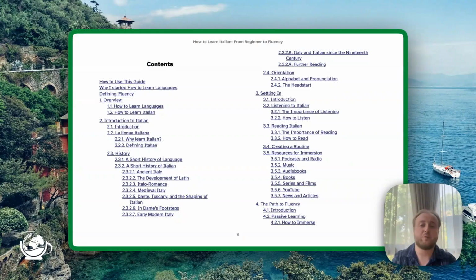Now, defining fluency, as you can see, it's covered in the ebook, but just to quickly mention here for you, fluency isn't being able to speak or understand Italian at the level of a first language speaker, at the level of an Italian speaker. That is actually proficiency.